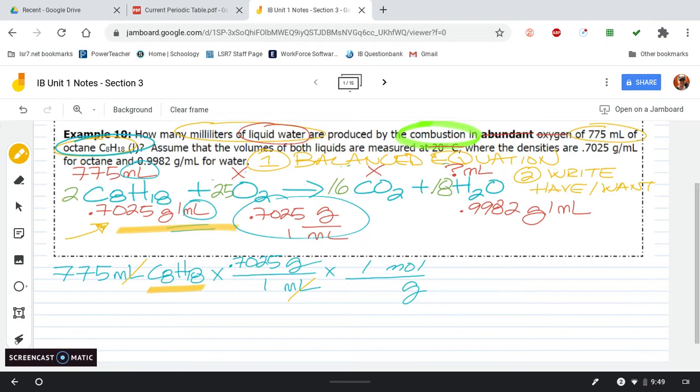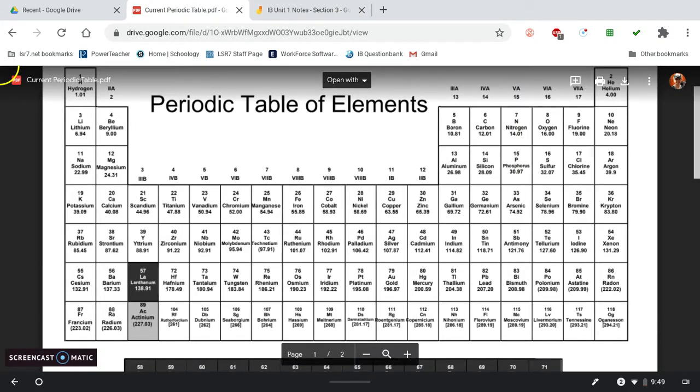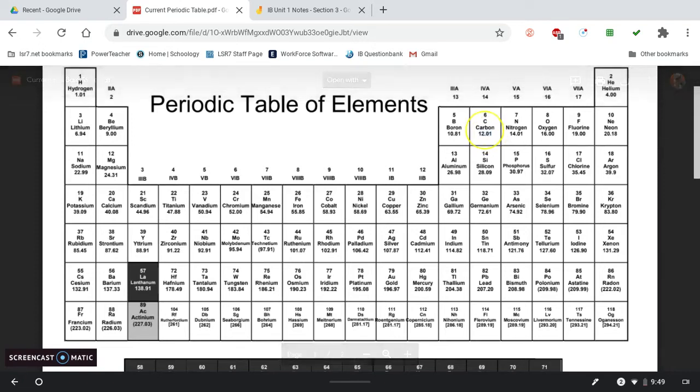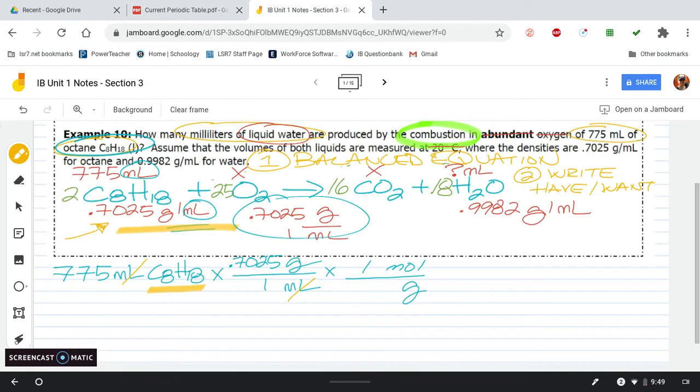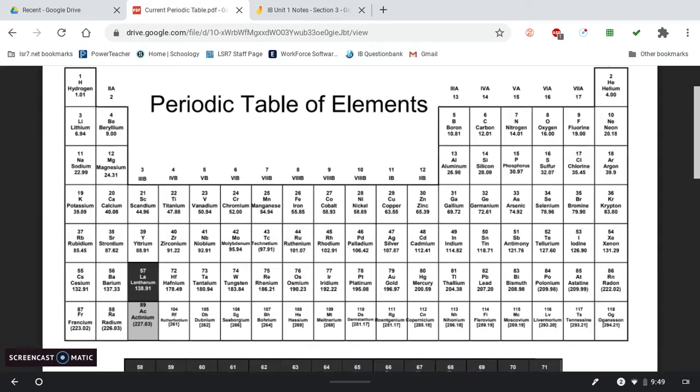So turn on your calculator, and then let's go over to our periodic table. And so here's carbon right here, 12.01. So let's go ahead in our calculator, 12.01 times 8. And then let's add that to the hydrogen. The hydrogen right there, 1.01.